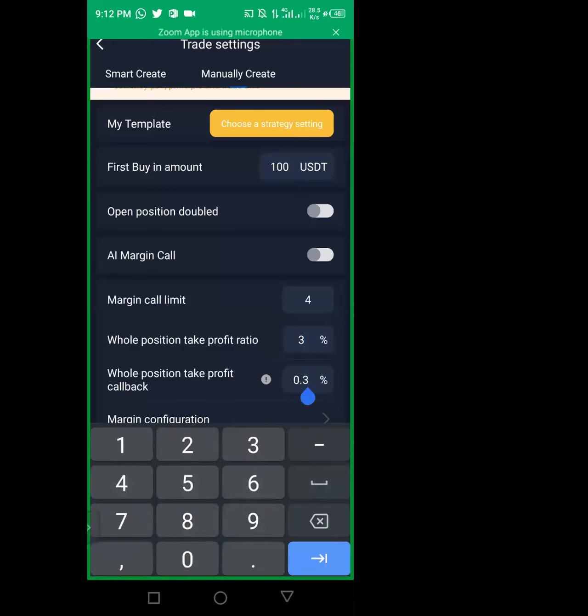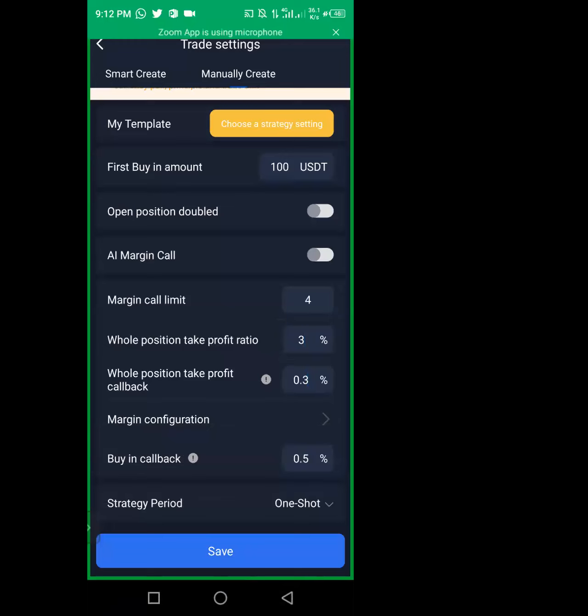But the advantage of using the callback function is this. What if this coin goes up to 3%, and it triggers to sell at 3%, and now the coin drops by 0.1, drops by 0.2 in the retracement.